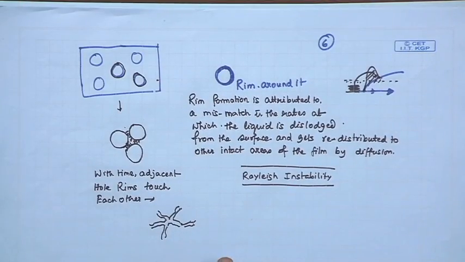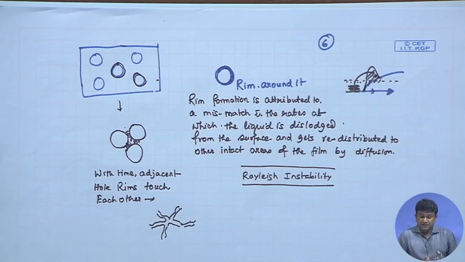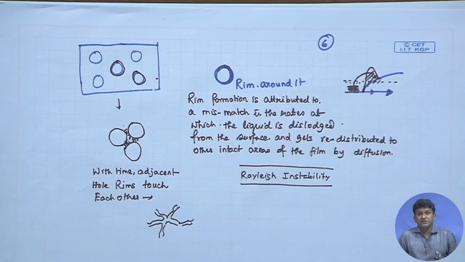We also know that hole formation is not that simple, particularly the retraction and the dewetting part, because there is a mismatch in the rates at which the material is dislodged from the surface and distributed to the intact parts of the film, and that often leads to the formation of a rim around a growing hole.